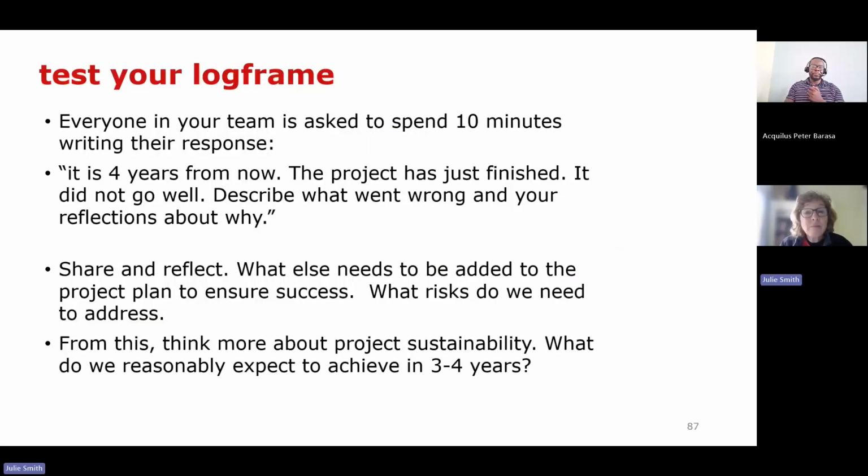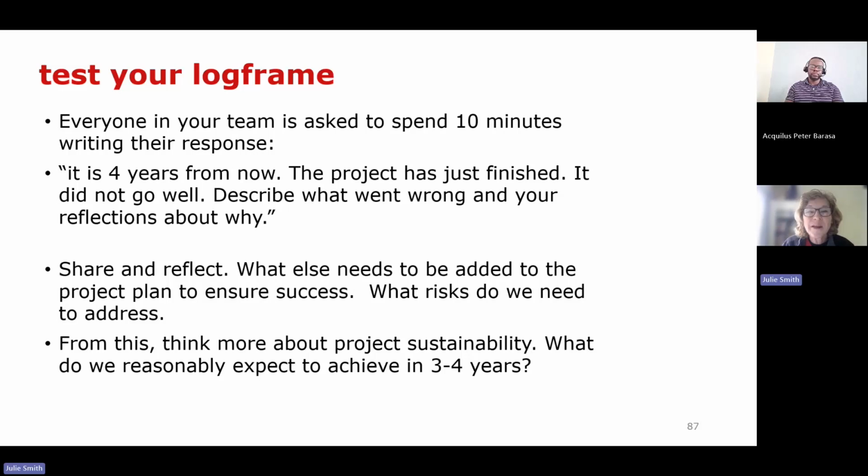So maybe you've got a small team that's starting to develop this project, maybe 5 or 6 people. And one of the things that we like to do at this point is to give everybody a bit of paper and a pen and then say, okay, grab a pen. It's 4 years from now. The project that we've just designed has just finished and it's been a total failure. It hasn't gone well.